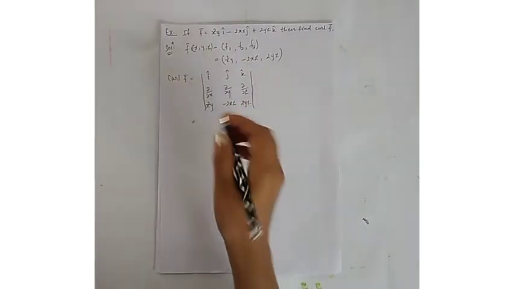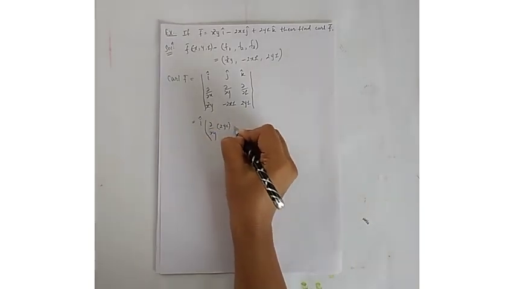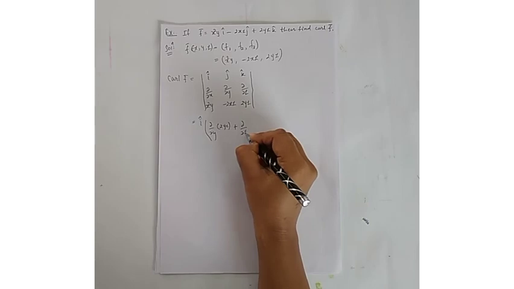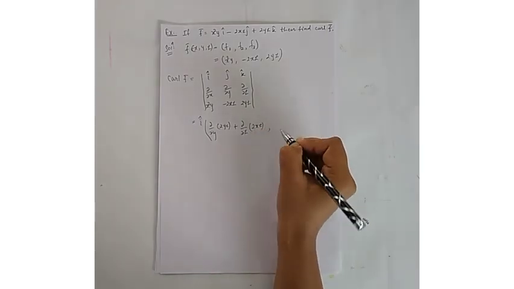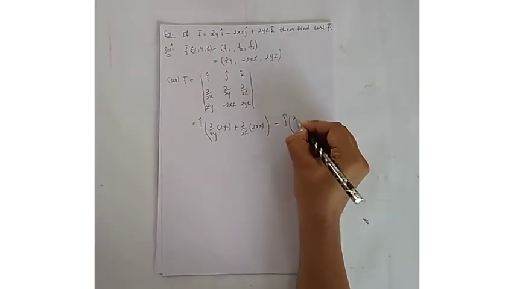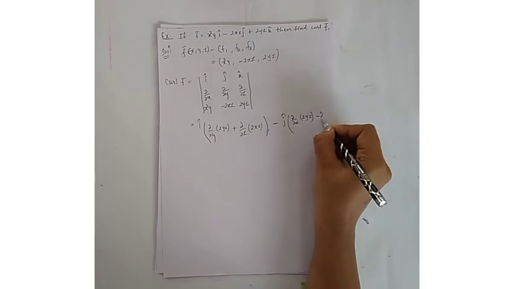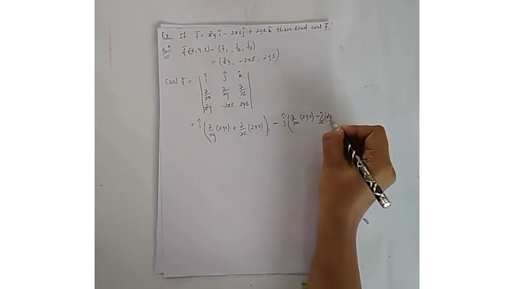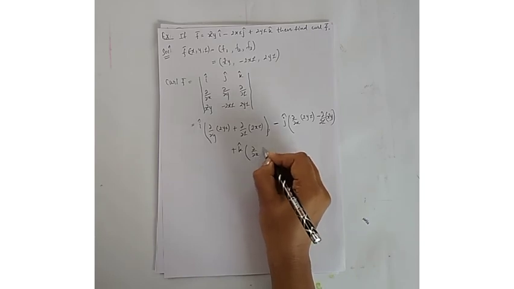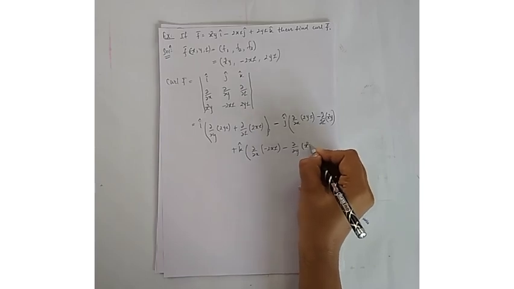Taking the determinant, we get i times (∂/∂y of 2yz minus ∂/∂z of −2xz, and this minus will become plus ∂/∂z of 2xz). The second component is minus j times (∂/∂x of 2yz minus ∂/∂z of x²y), and the third component is k times (∂/∂x of −2xz minus ∂/∂y of x²y).